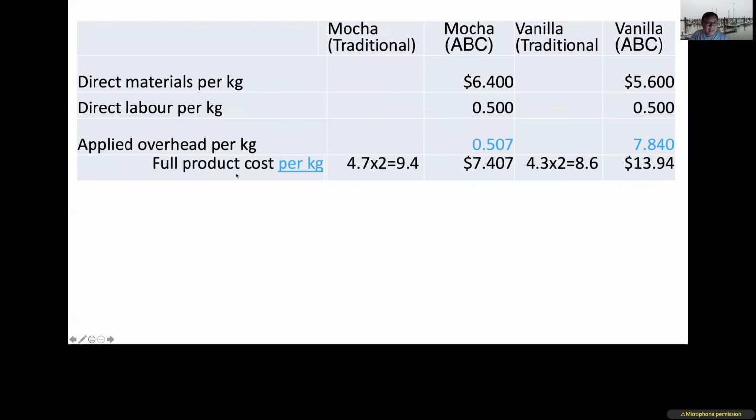So when I look at the cost per 1,000 grams, per kilogram, traditionally Mocha would cost 9.4 and vanilla would be 8.6. But under ABC, the full product cost is 7.4 for Mocha and 13.9 for vanilla.